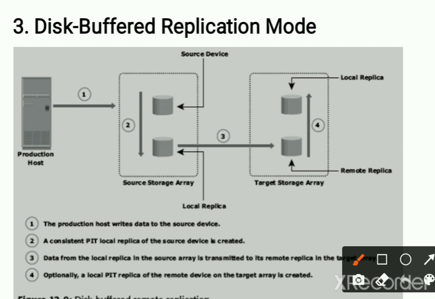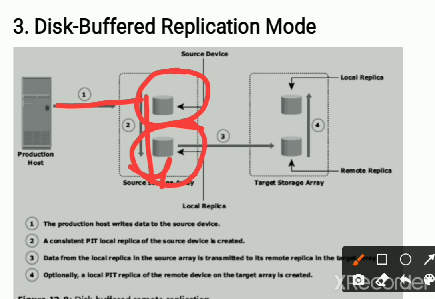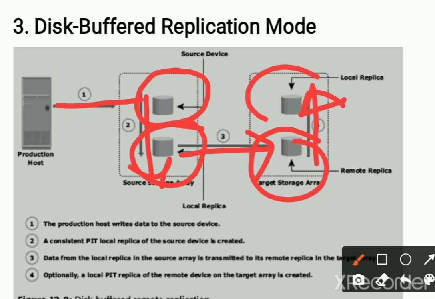The production host writes the data to the source device, and from this a consistent PIT, that is point in time, local replica of the source device will be created, and this acts as a local replica. From this local replica, the source array data is transmitted to the target array, and within the remote site another point in time copy is created, which acts as a local replica for the remote storage.